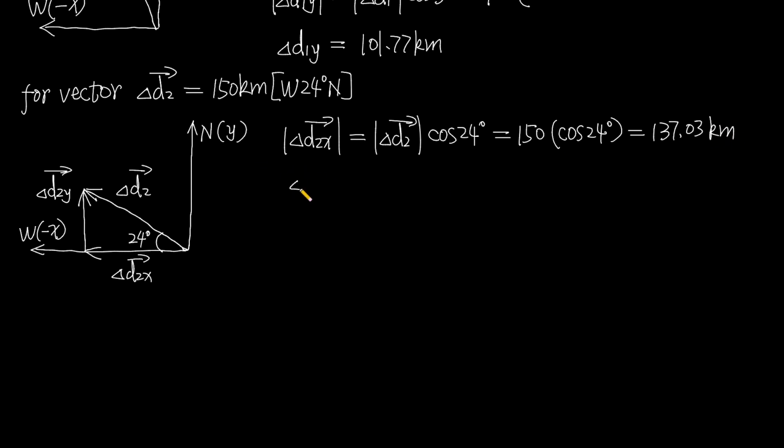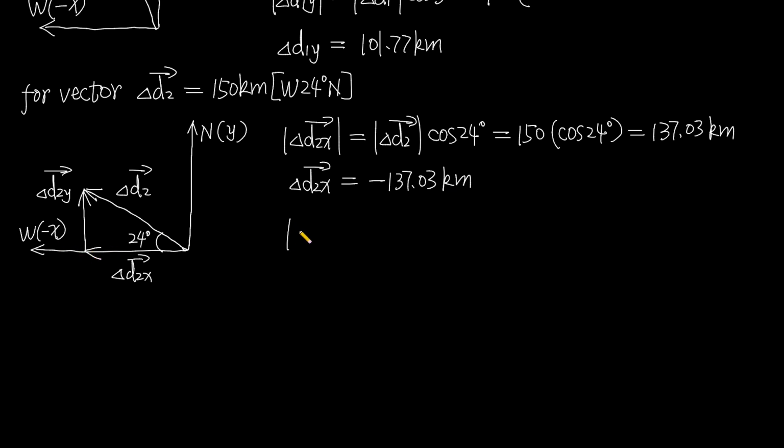So vector delta d2x just is negative 137.03 kilometers. It's negative because its direction is negative x direction.